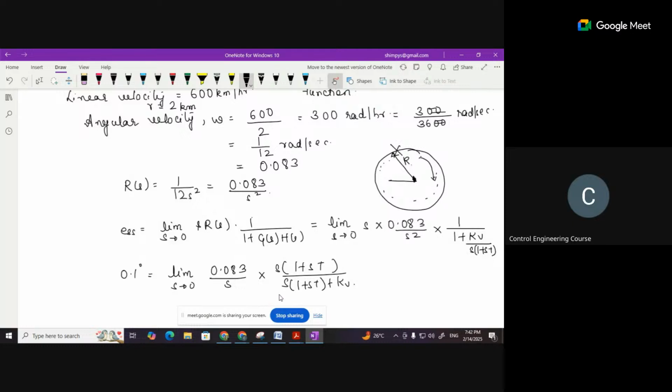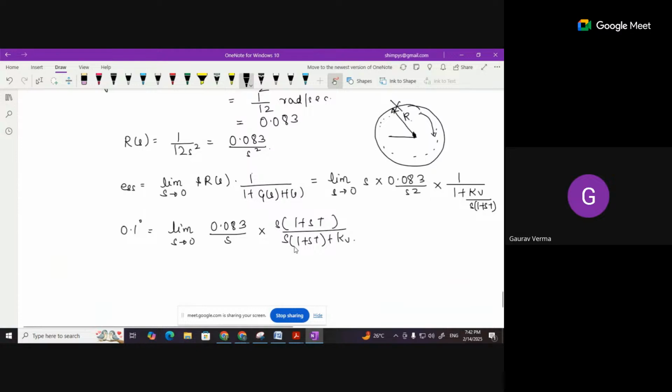On solving, see how much you're going to get here. Again, one thing: the velocity is in radians per second and the error is in degrees. We'll have to convert degrees into radians or vice versa. You solve and tell me how much you're getting.